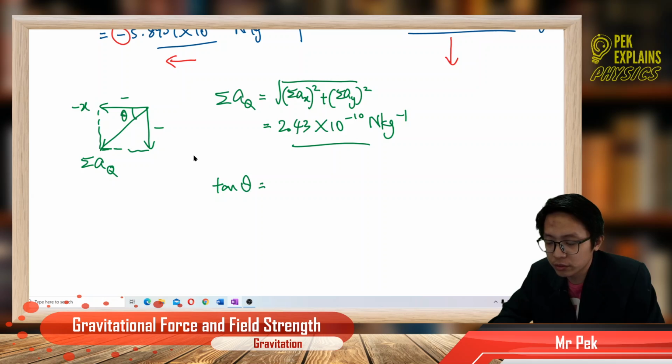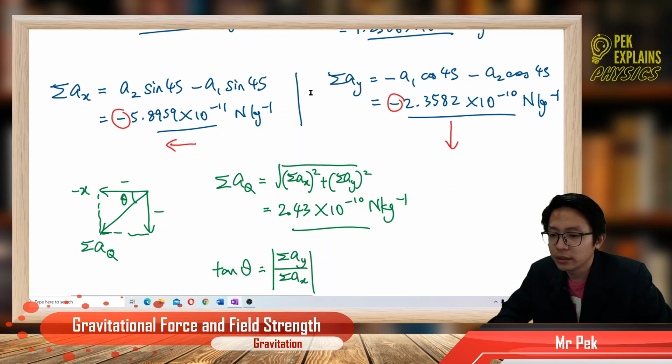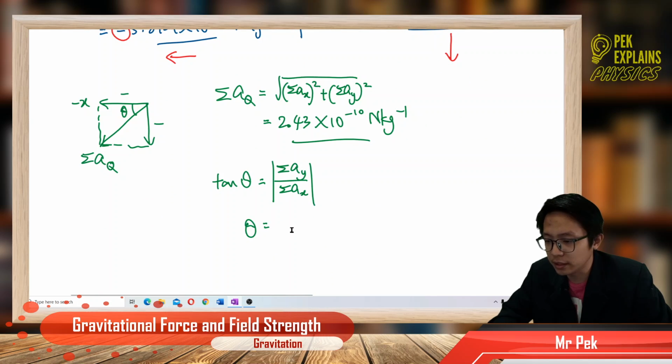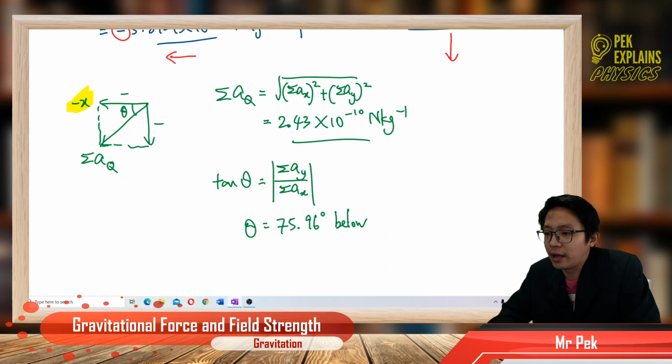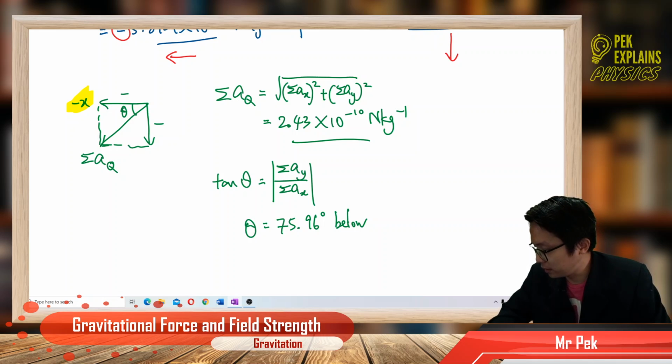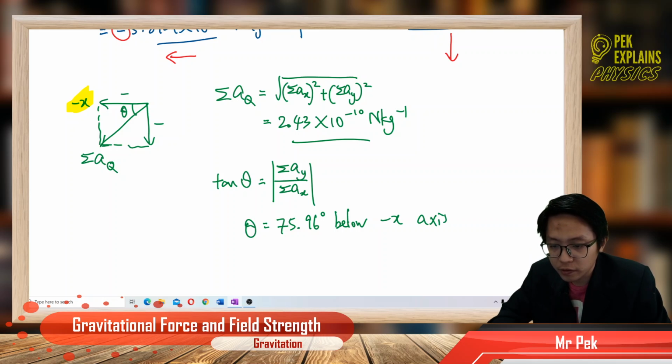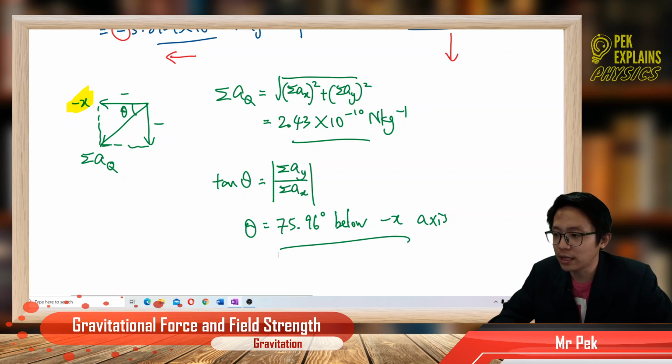You must get the direction also because it's a vector. So tangent theta is Ay over Ax. Just take Ay over Ax, modulus and inverse tangent, and the answer is 75.96 degrees below the negative x-axis. Okay, so that's the answer.